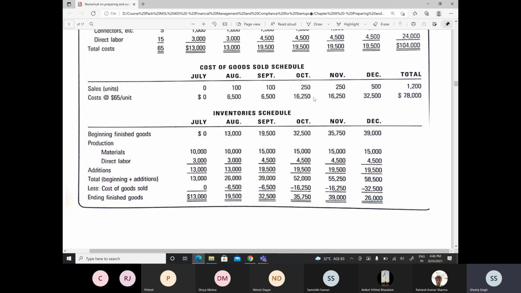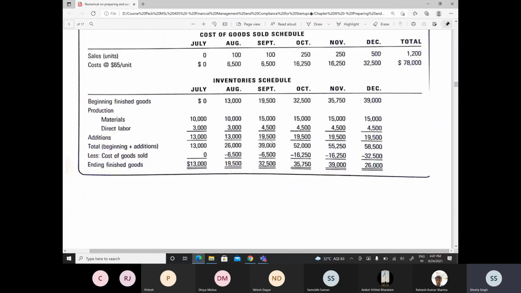So the cost for this was 65 into 250, that is 16,250. In November we again sold 250, which was 16,250, and in December we sold 500, which was 32,500. Okay, so total we sold 1,200 scanners, and the total cost was 78,000. This is how we arrived at the numbers.